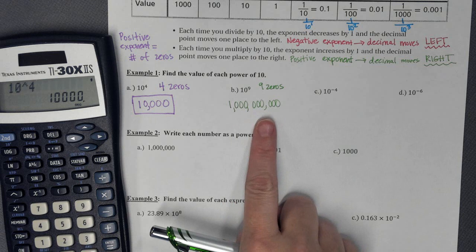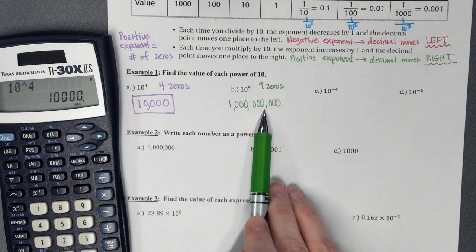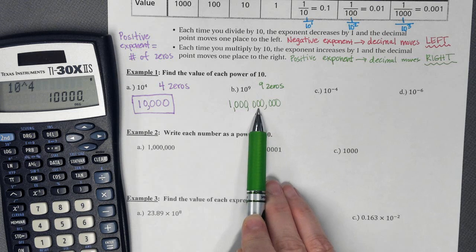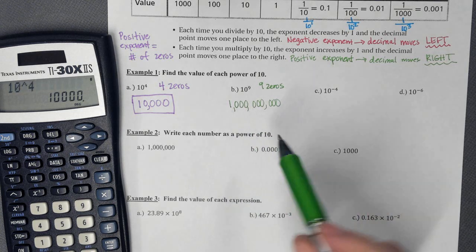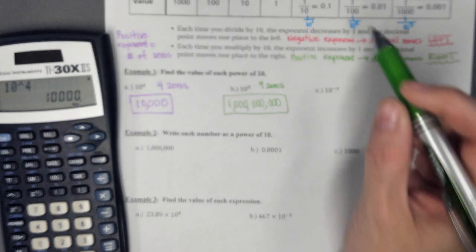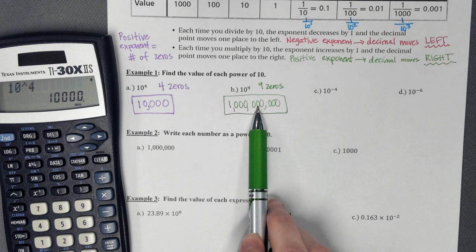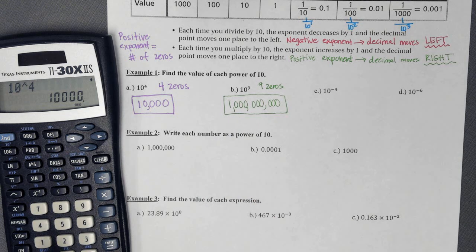Do you know how to say this number? This is the 100,000s, so this would be the millions, and this would be billion. And then trillions will come after the billion.